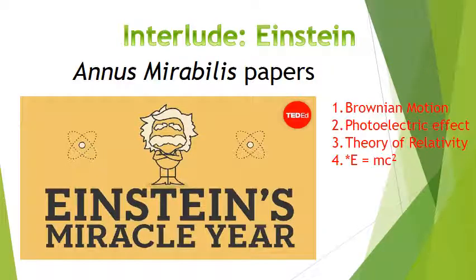All right, just an interlude here, and this is going to be important as we go along. It relates to what we just talked about. We've got to start talking about this guy named Einstein, and he's probably the most well-known scientist ever. I don't know who else is next to him, maybe Newton.